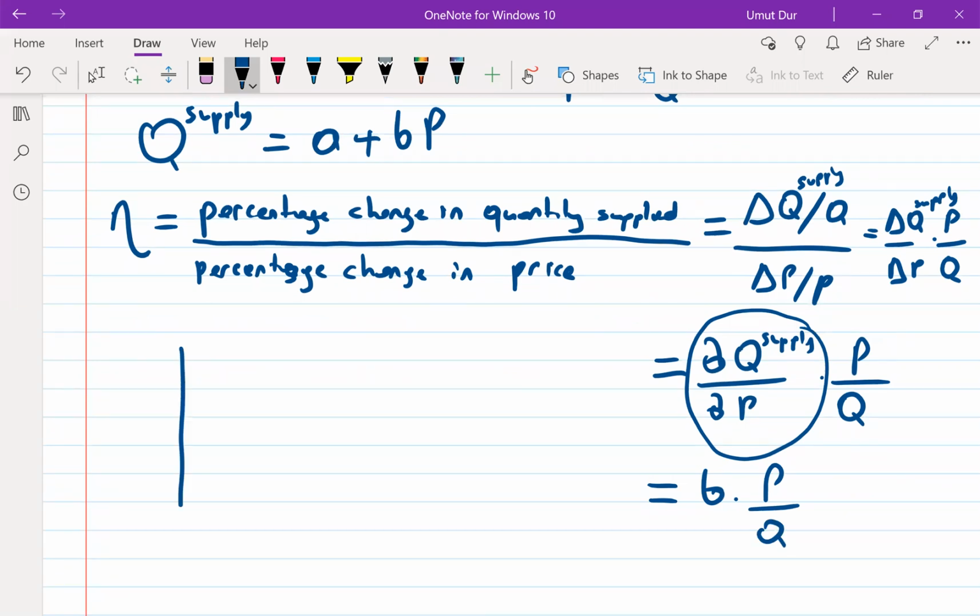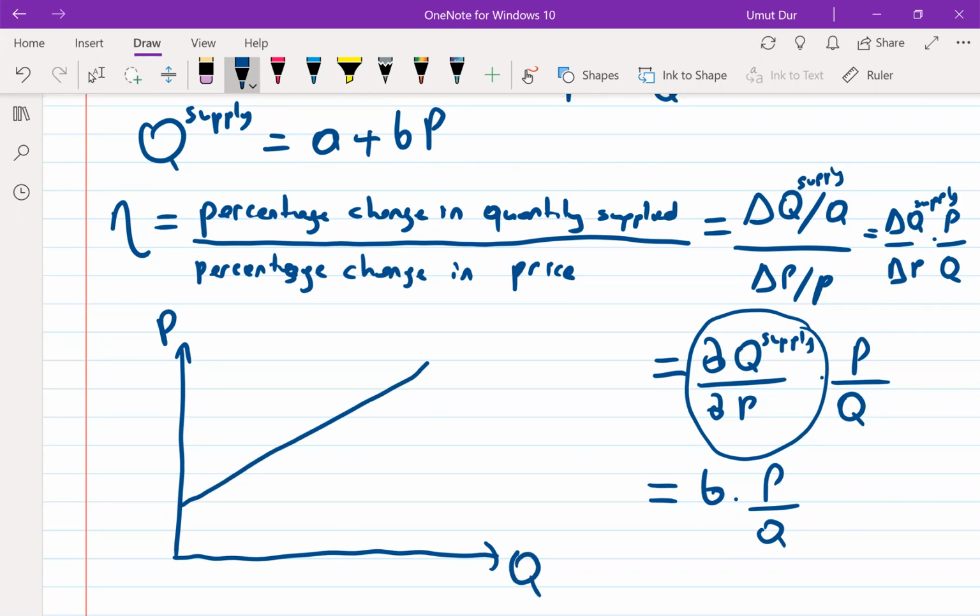If we remind ourselves how the supply curve looks like, it is something like this, increasing, upward sloping. This is the supply curve. Then what is the sign of B here?